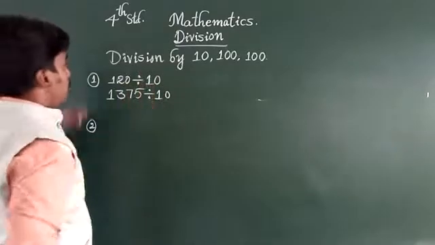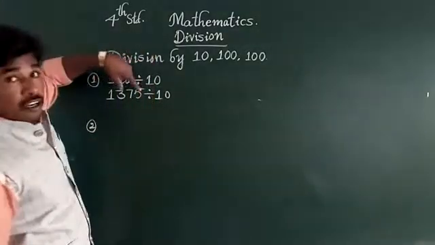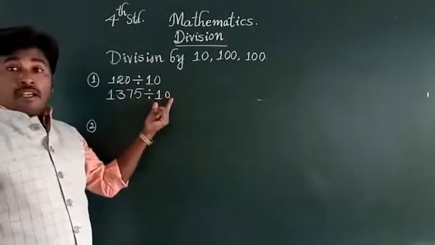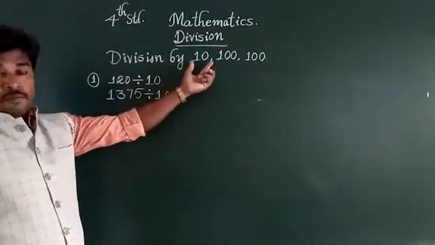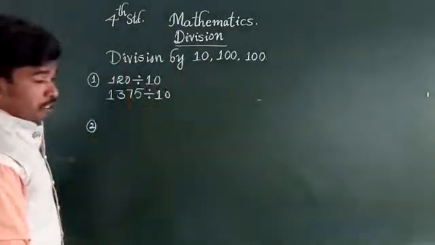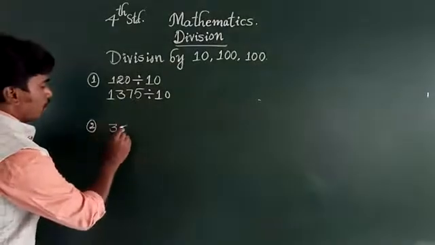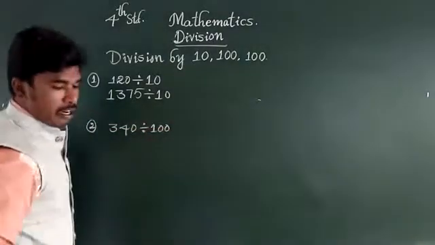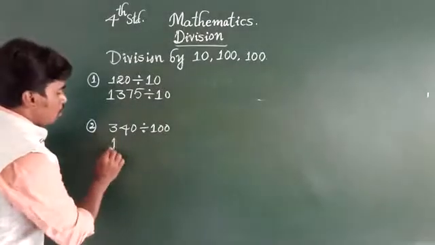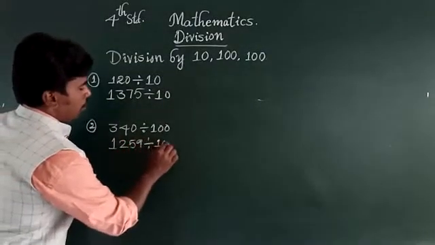So these are the numbers, 120 divided by 10 and 1375 divided by 10. These are the division by 10 numbers. Now I should proceed to division by 100. It is 340 divided by 100, and one more, 1259 divided by 100.